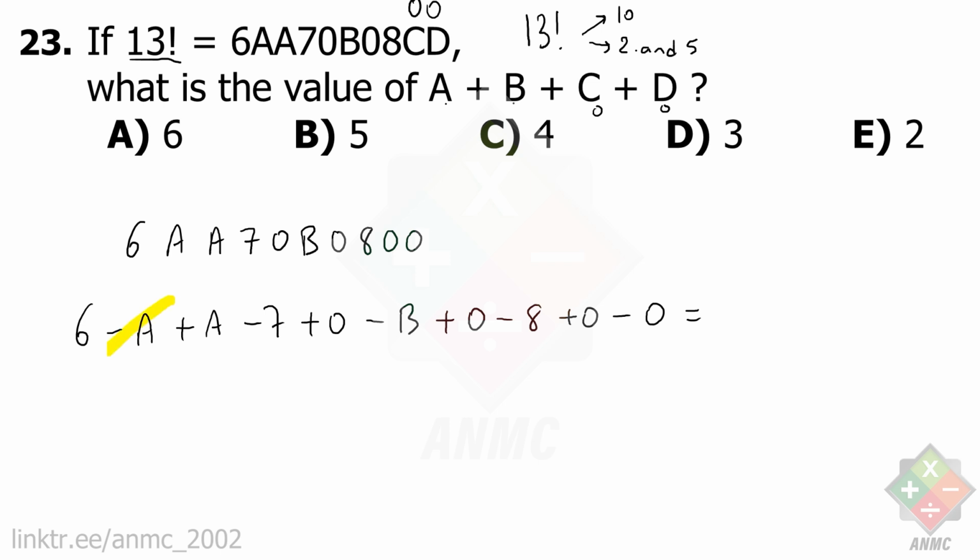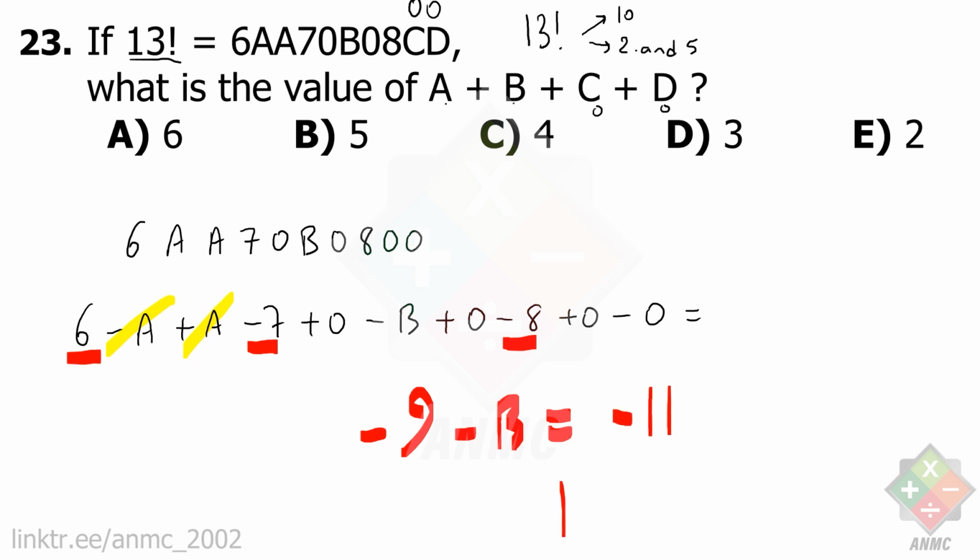Let's do simplification. A's are gone. It's good for us. 6 minus 7 minus 8 minus B is equal to a multiple of 11. This means minus 11. B is 2. B is 2 because B is a digit. It cannot be another number.